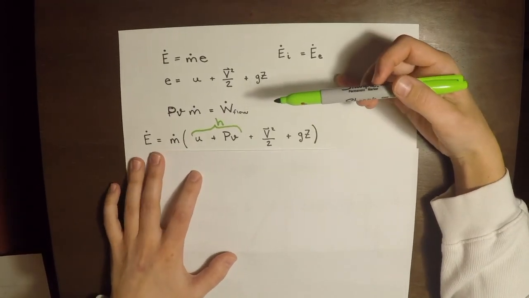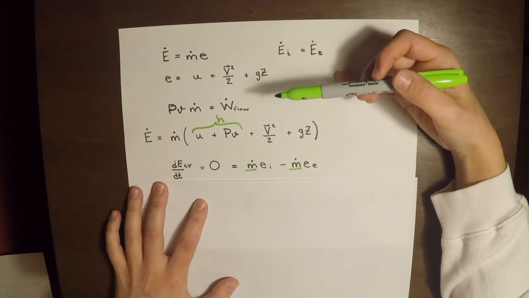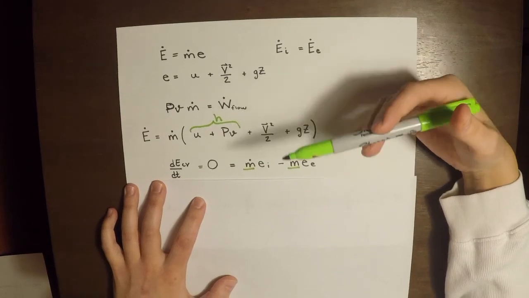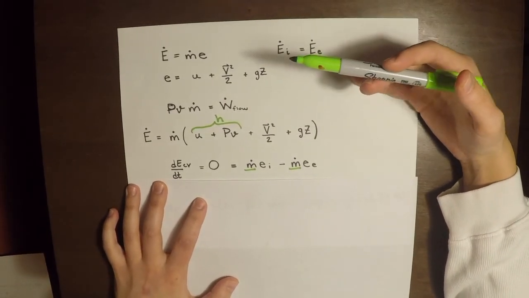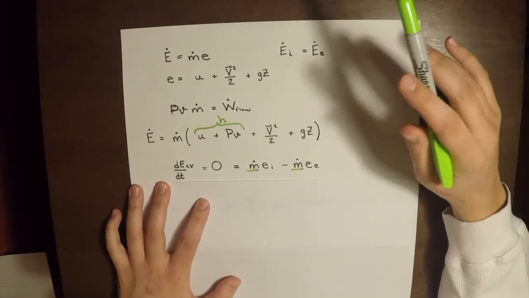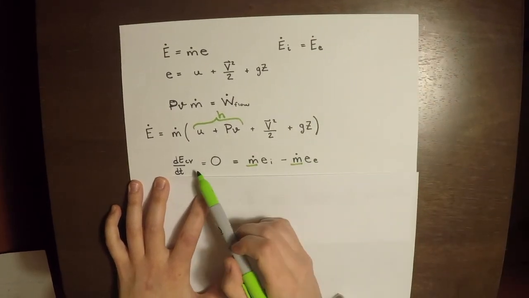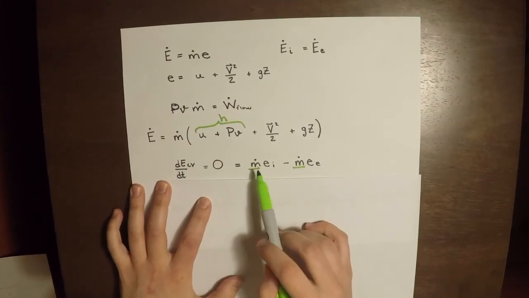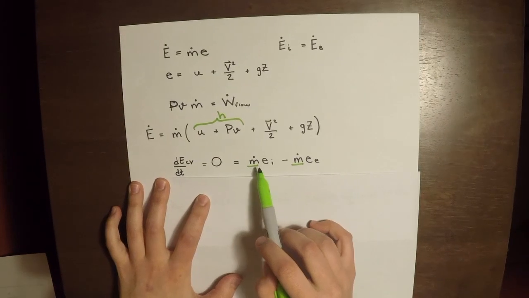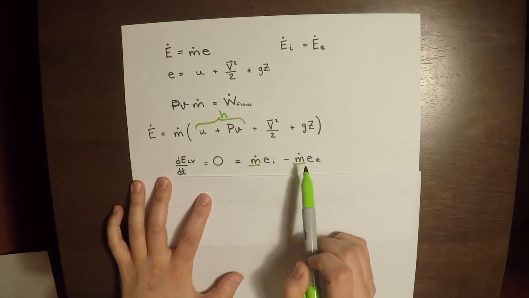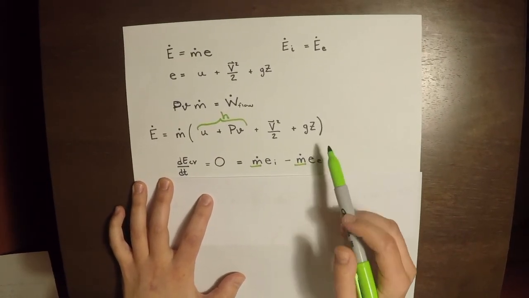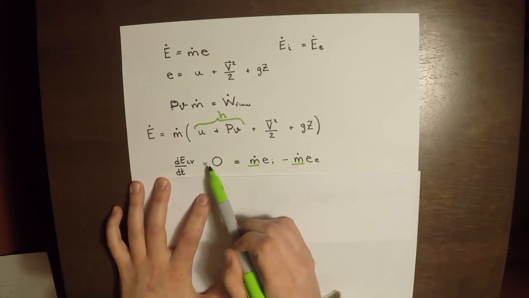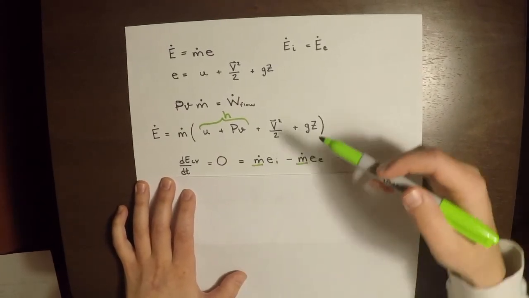We also know that we are in a steady state process and that the energy in the system is constant and doesn't vary with time, so this term is equal to 0. It is a steady state process, so we can put the mass flow rate times the energy flowing out on the other side so they can be equal.